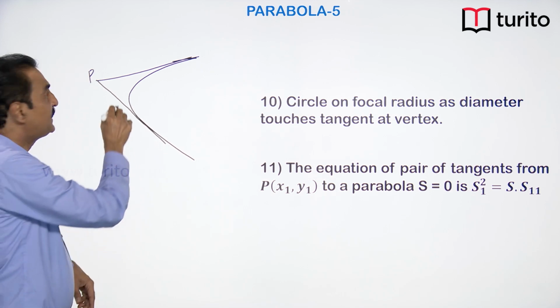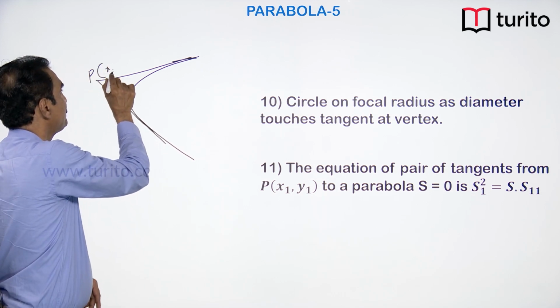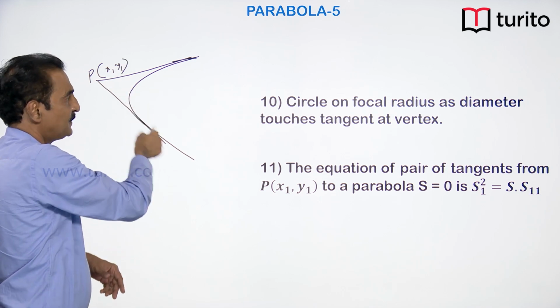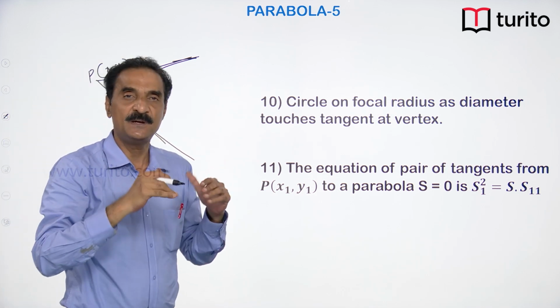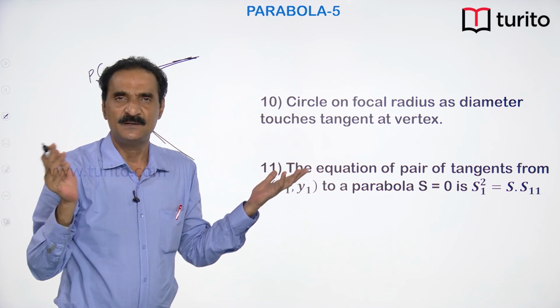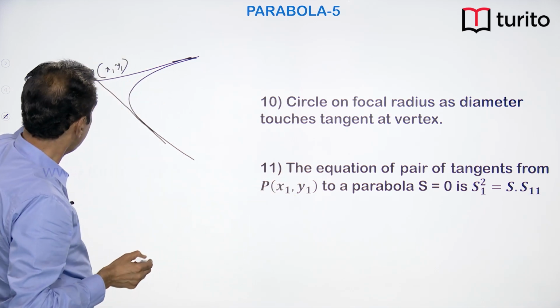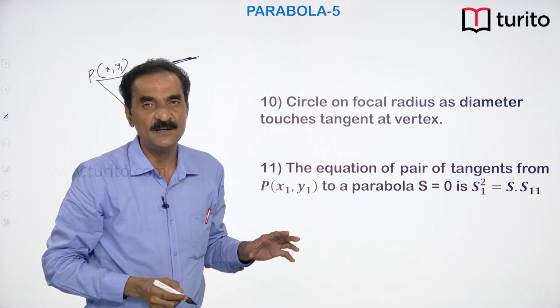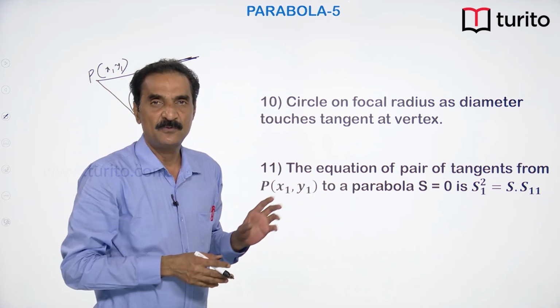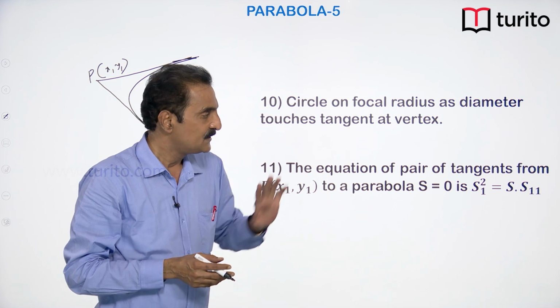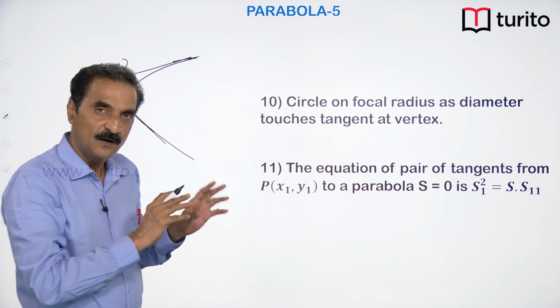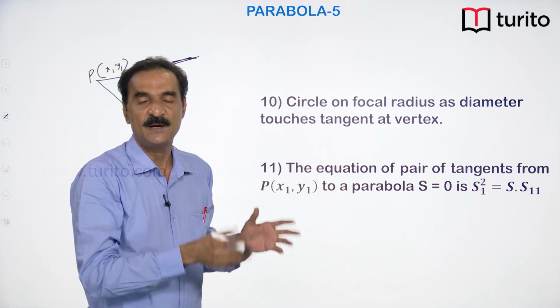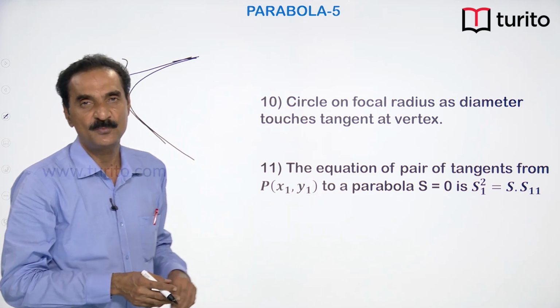If P(x1, y1) is an external point, and the parabola is S equal to 0, it may be in the standard form or general form, the equation of this pair of tangents is given by S1 square is equal to SS11. Since we have already proved it in circle, take the result directly. Not only this curve, in ellipse and hyperbola also the formula is going to be same.